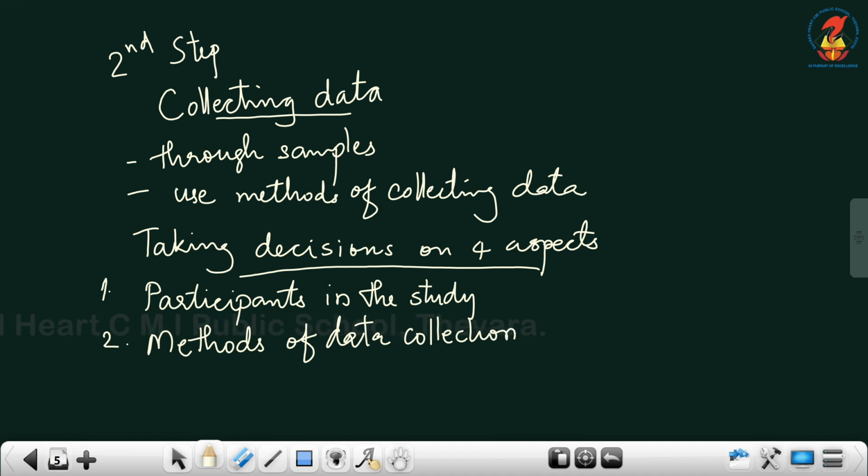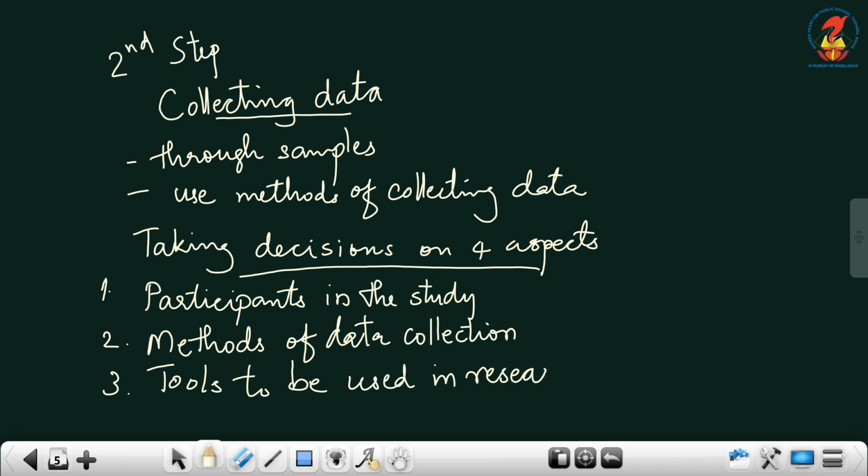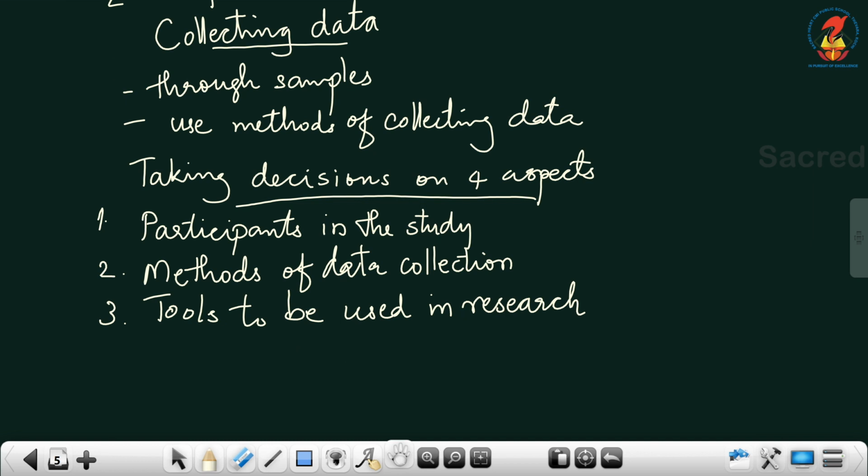The third one is tools to be used in research. The fourth one is procedure of data collection.